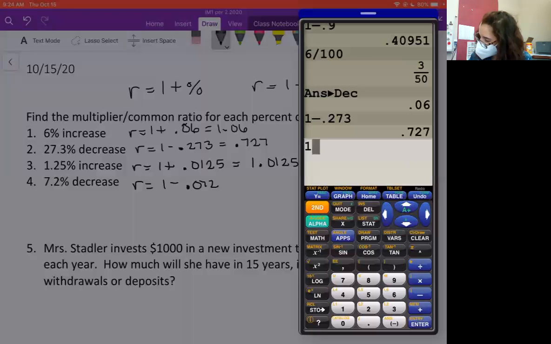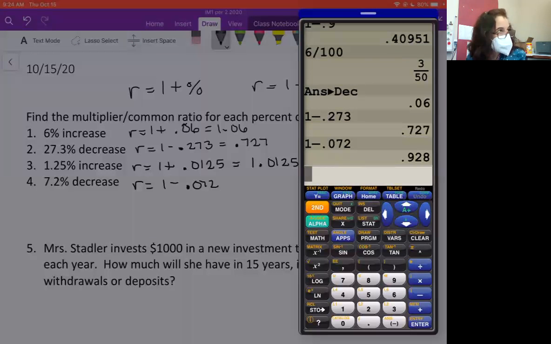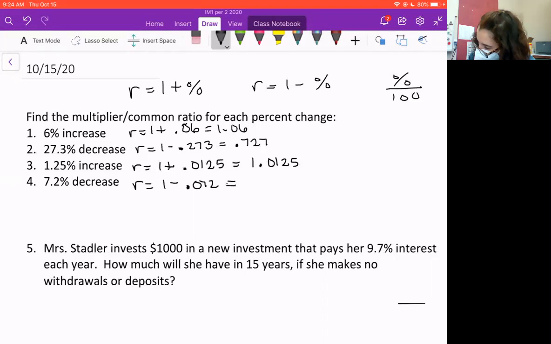So 1 minus 0.072 is 0.928. So again, if you multiply a number by 0.928, you will be doing a 7.2% decrease.